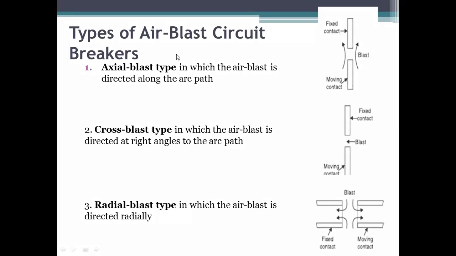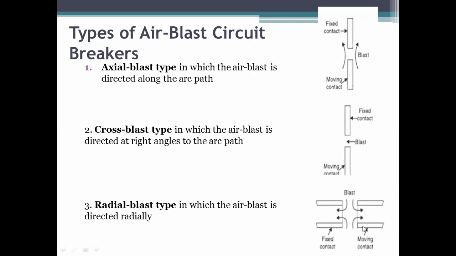Axial blast type means that pressurized air is applied in the direction of the arc. The second is the cross blast type, where air is applied perpendicularly so that the arc can be extinguished. And the third type is the radial blast type circuit breaker, in which the air pressure is applied radially to the arc.